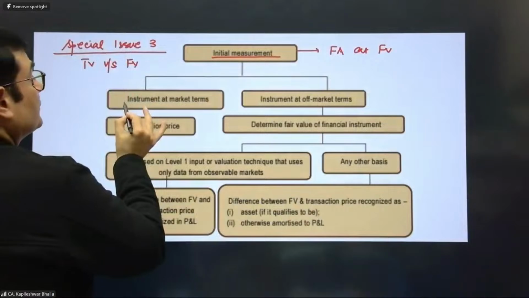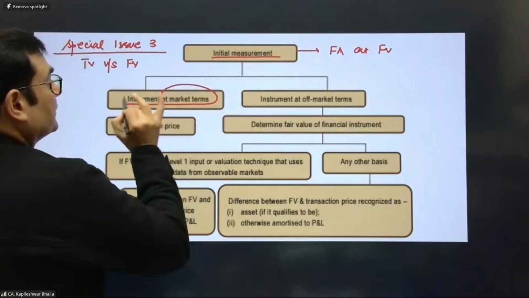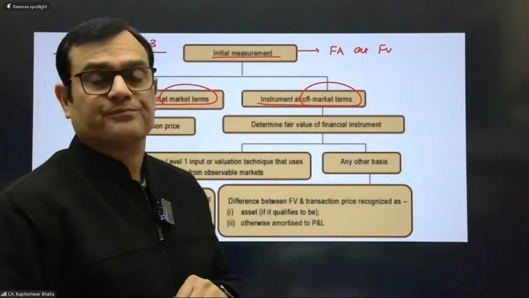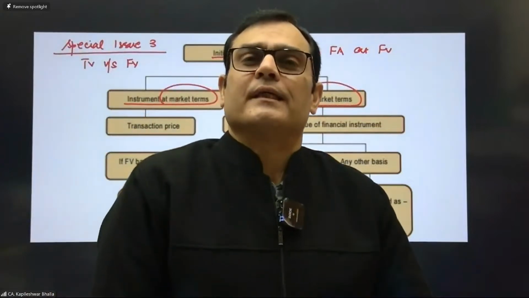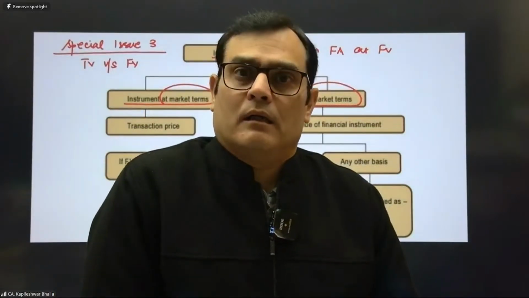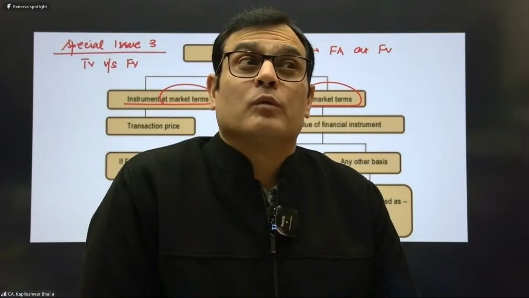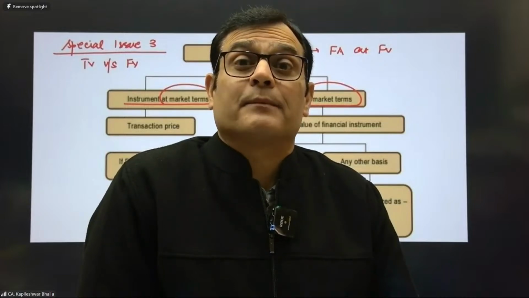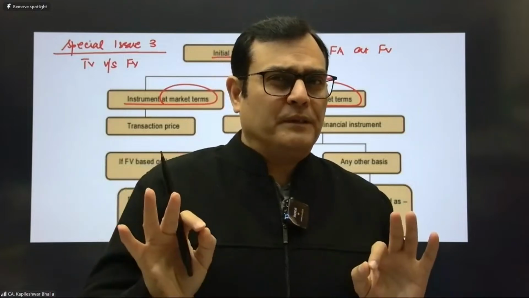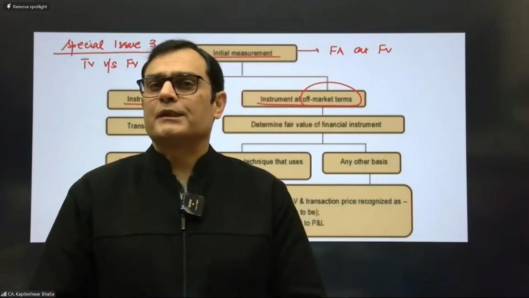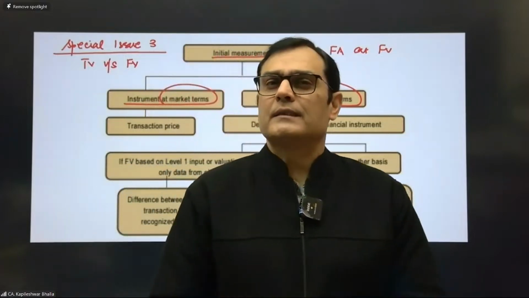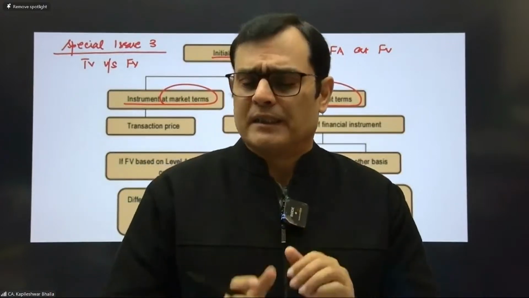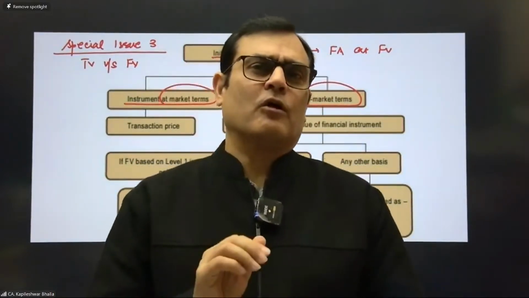It says you need to see whether the instrument is at market terms or at off market terms. So I would say step number 1. I am also going to convert this into a 3-step model. Your step number 1 would be to see: is the transaction at market terms or at off market terms? So how would we realize that a transaction is at or off market terms?